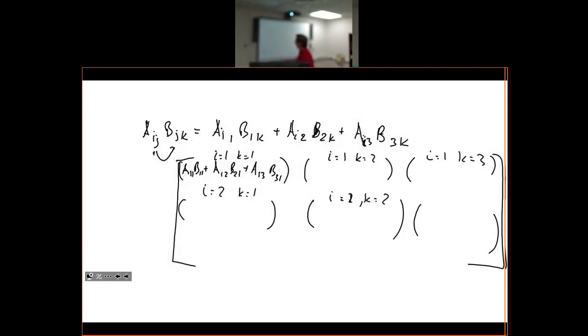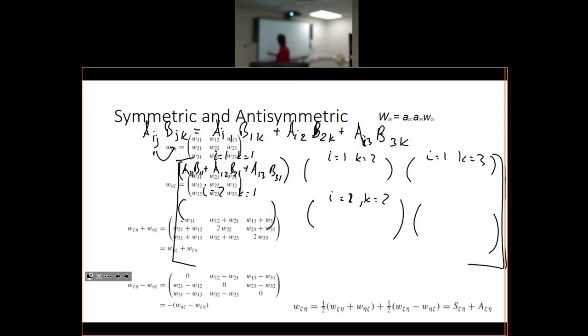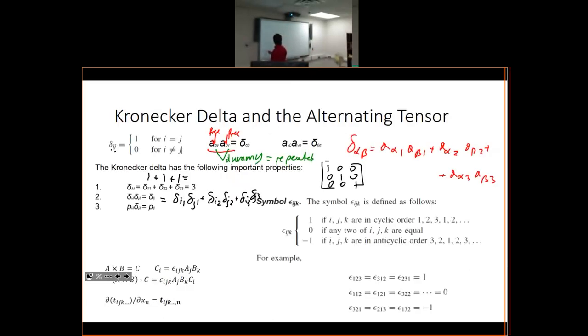Now the second important tensor is the so-called alternating tensor, and this is the epsilon ijk.